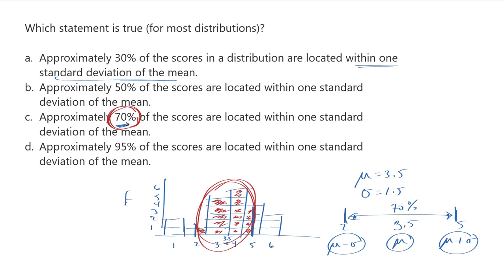But for now, 70% of the scores fall within one standard deviation of the mean, and incidentally, 95% fall within 2 standard deviations. So if I went back another 1.5 or ahead another 1.5, I would find that almost every single score is within 2 standard deviations of the mean.